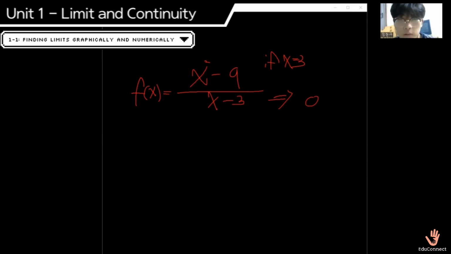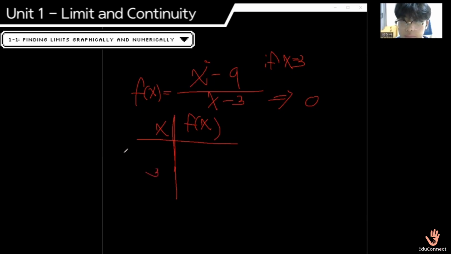And also, what's the value of the function as x approaches 3 from the right side? So let's go ahead and make a table of values. I'm going to place 3 right in the center. And once again, I cannot evaluate the function for x equal to 3 because I would get an undefined value.